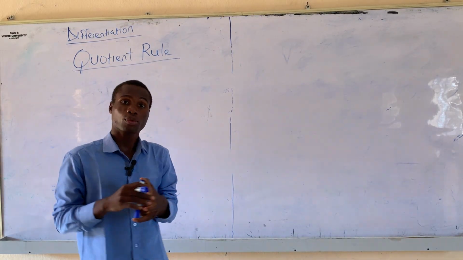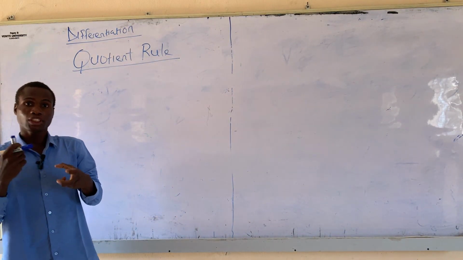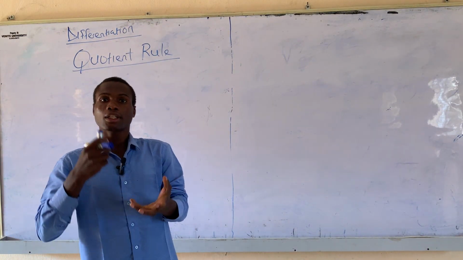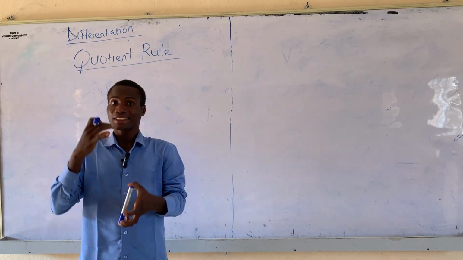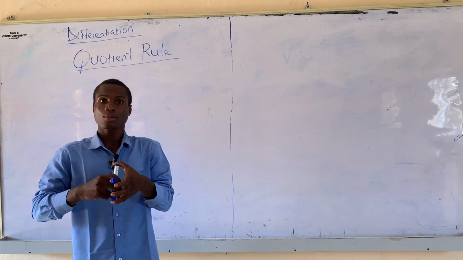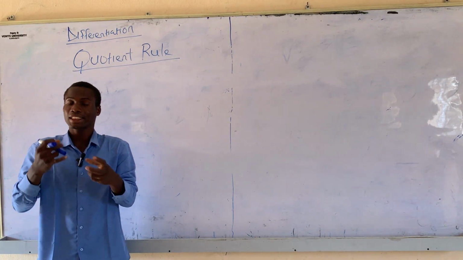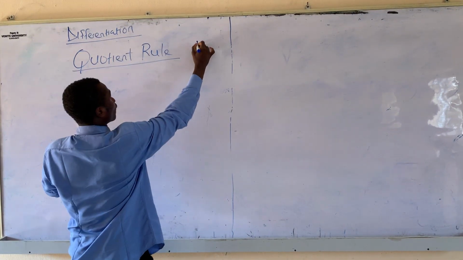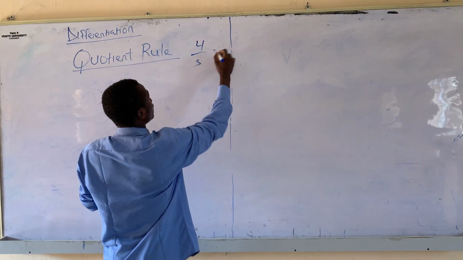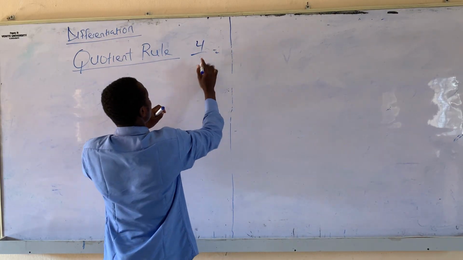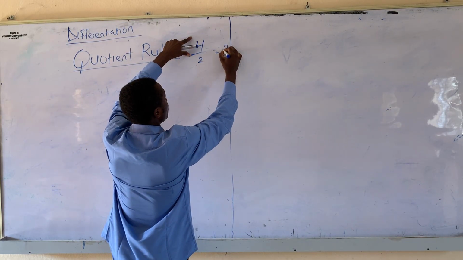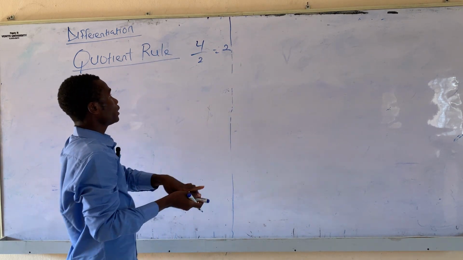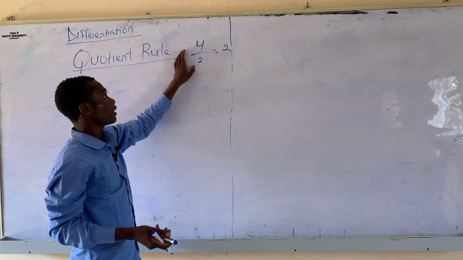Today we'll be taking the quotient rule. The quotient rule is applied when two terms are dividing each other. For instance, 4 divided by 2 is what?